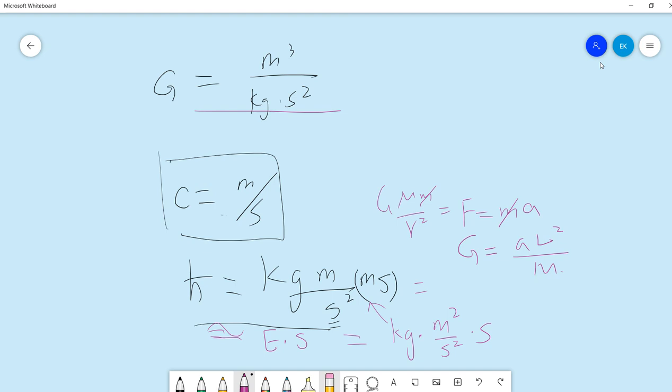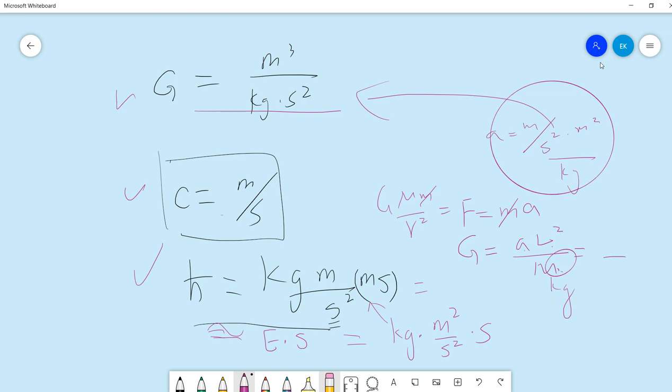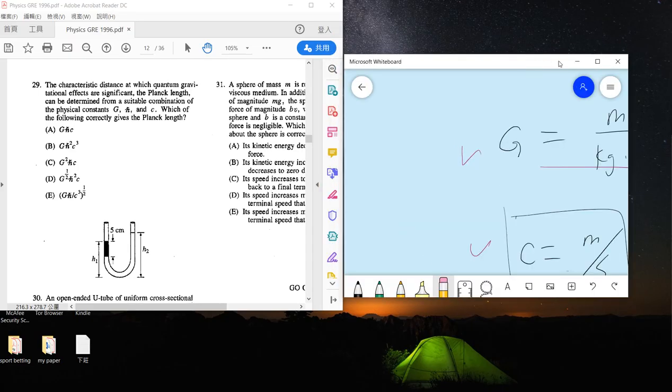Basically this is kg, and a is just meter divided by time squared. So once we have these three, we can form a combination and solve for the length. So the answer is this. I suggest that maybe you can remember the answer. The answer is E.